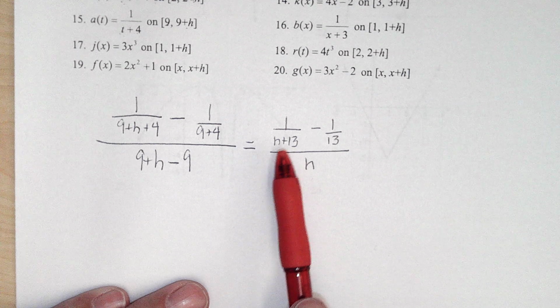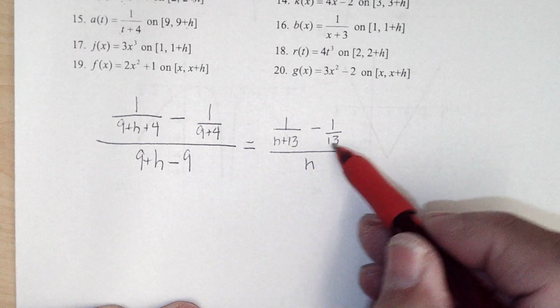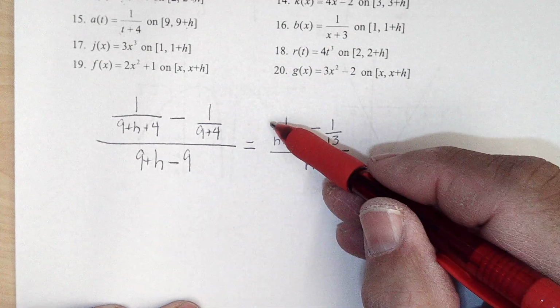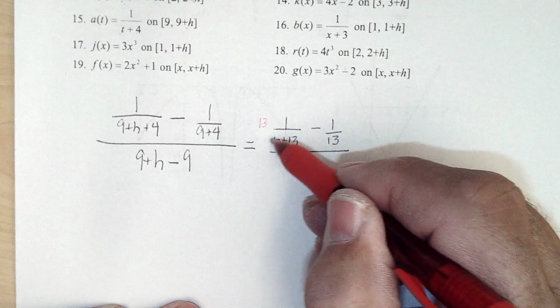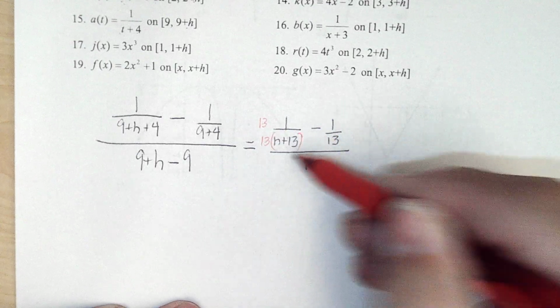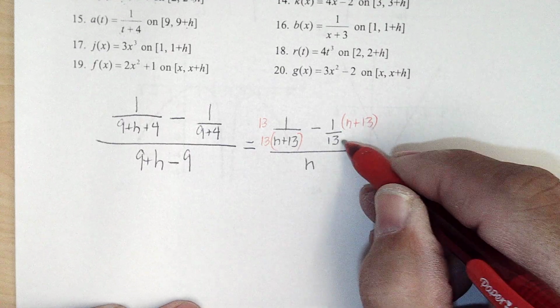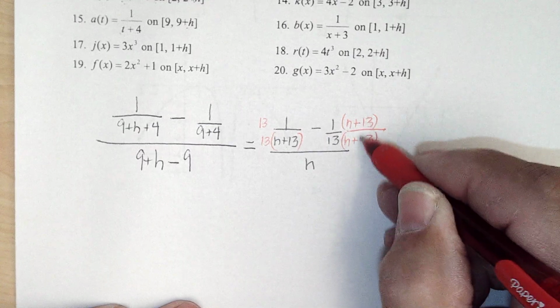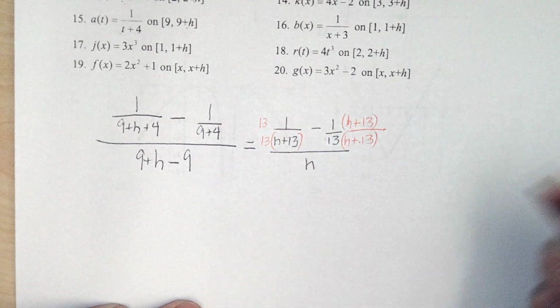Now, I have fractions. To add or subtract fractions, you need a common denominator. The only way to make these look the same, I can't go plus h, that's not a rule. You can only multiply by 1. So I have to multiply this one by 13 over 13, and this one by h plus 13 over h plus 13. This divided by that is 1, and I can multiply anything by 1 and it stays the same value.